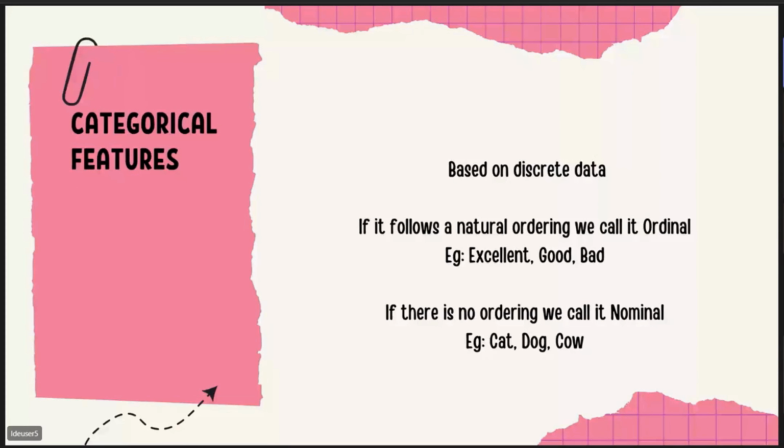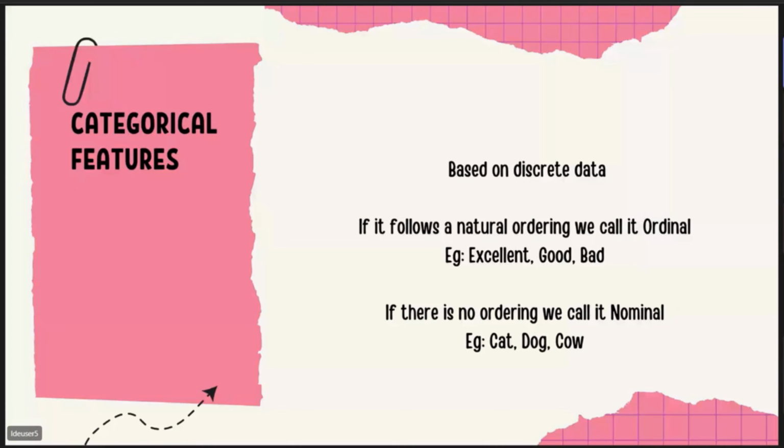All categorical data can be put under two broad categories. We call them ordinal and nominal. Ordinal is nothing but there is some order being followed, whereas in nominal there is no order being followed.